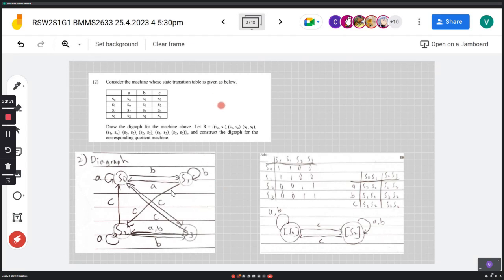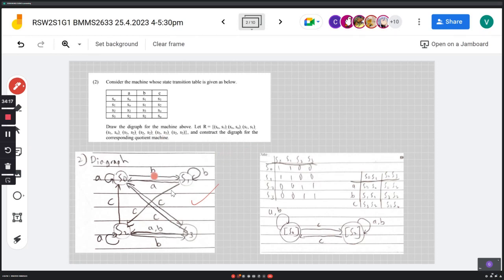Altogether, how many do we have? We have 12, right? So this is the diagram.